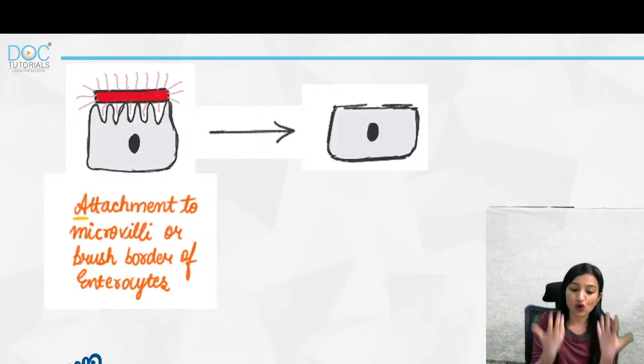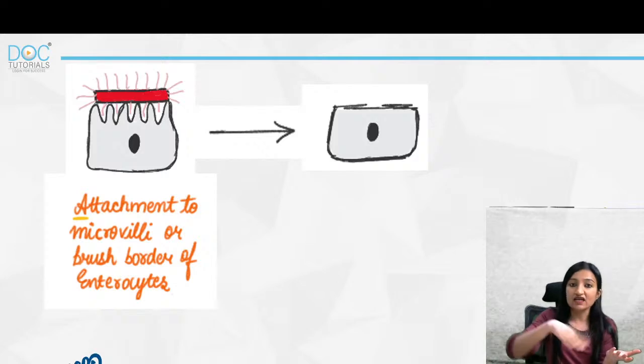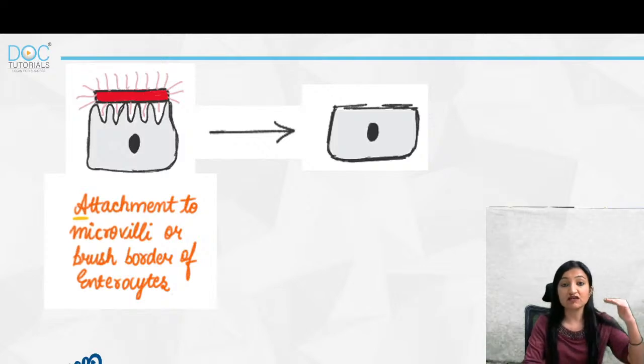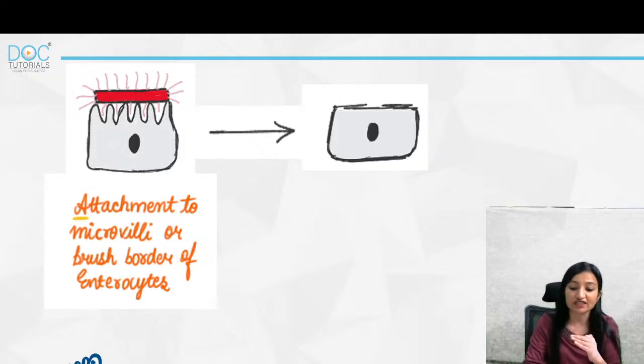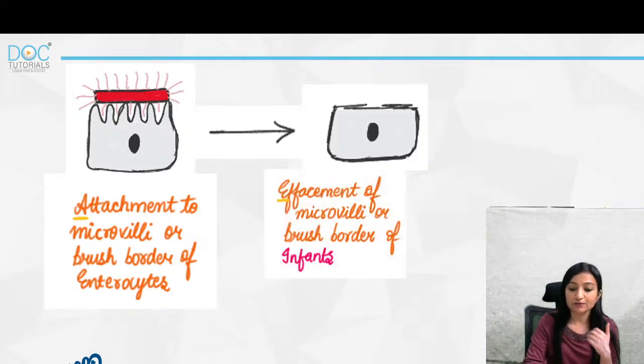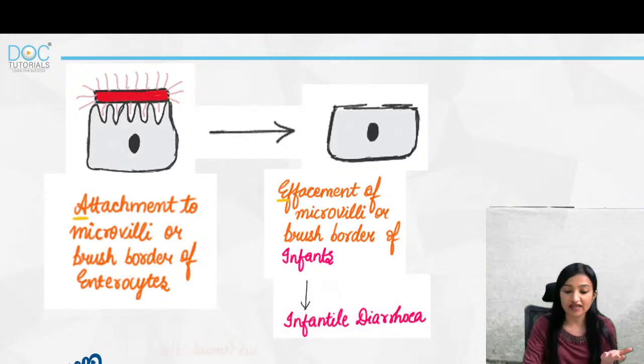And why has God provided microvilli to enterocytes? The reason is microvilli increase the absorptive surface area. So you only think, if the absorptive surface area is being flattened out so much in this case, what will happen? The nutrients are not going to be absorbed, and this flattening is known as effacement of microvilli or the brush border, and the end result is going to be diarrhea.